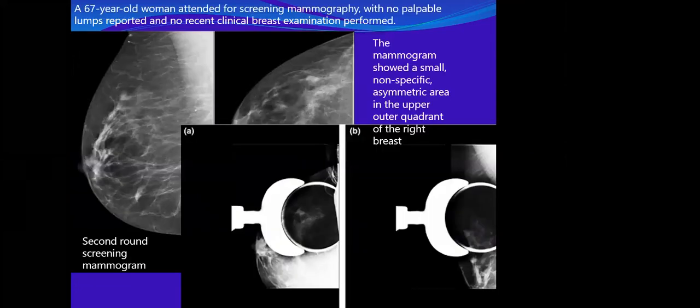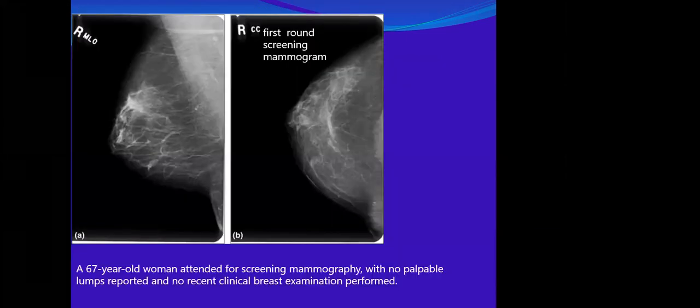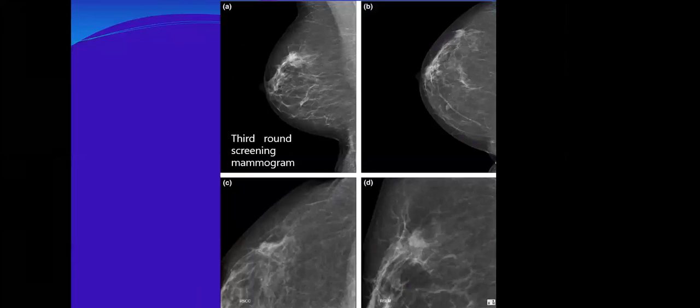Look for this asymmetry. Concentrate on it. Could you appreciate it here? I couldn't see it on the previous image. So it is now a developing asymmetry. You are dealing with a developing asymmetry.